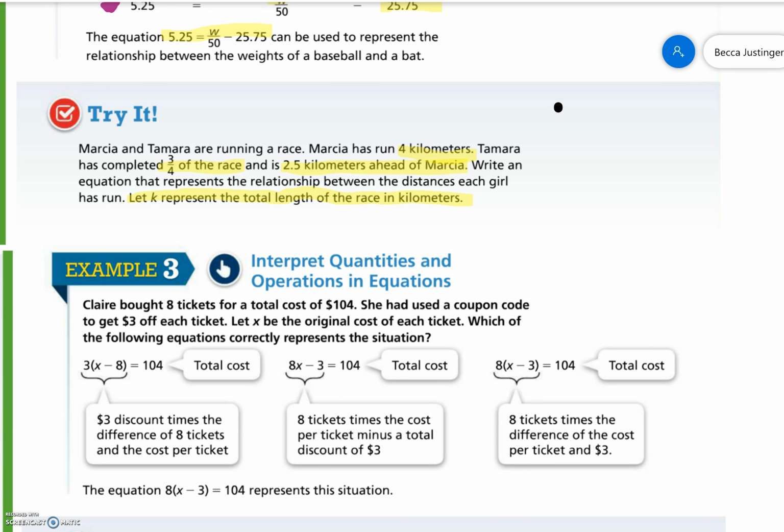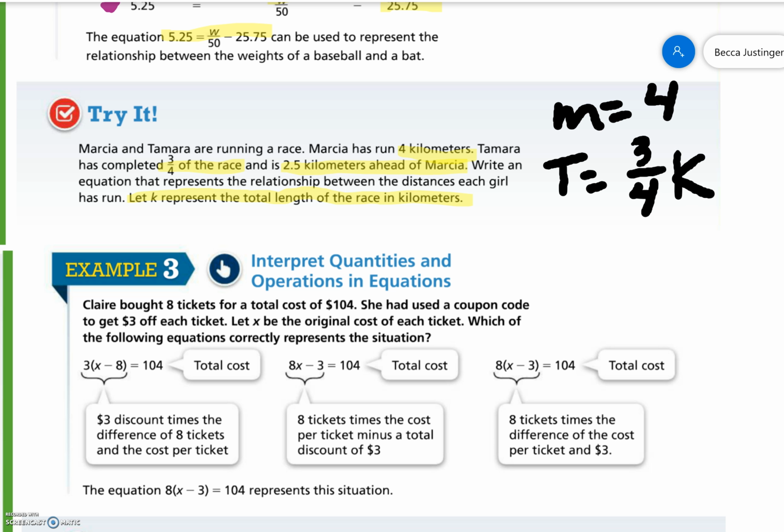So we know Marcia has run 4 kilometers. And Tamara has run 3/4 of the race and is 2.5 kilometers ahead of Marcia.